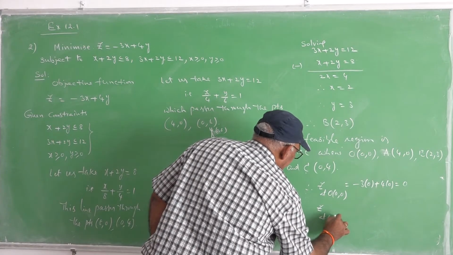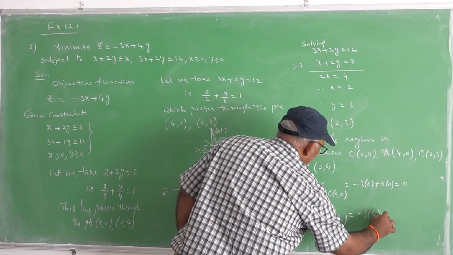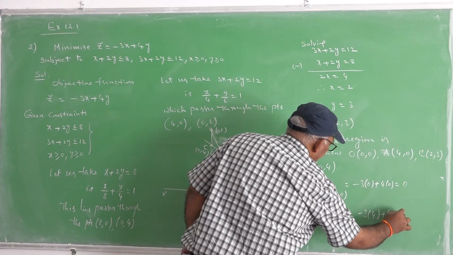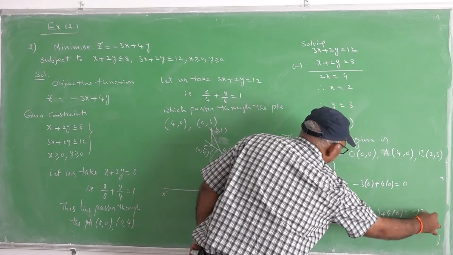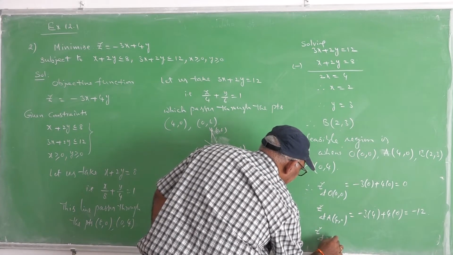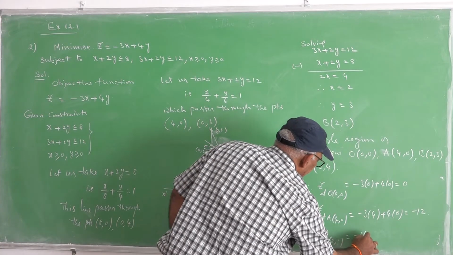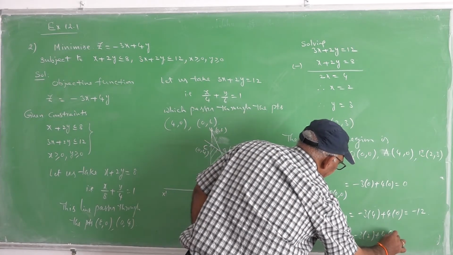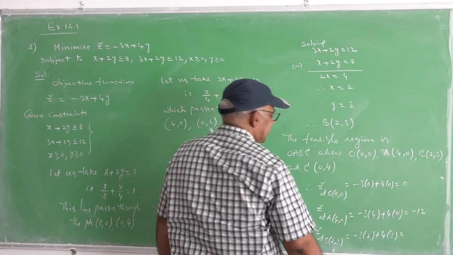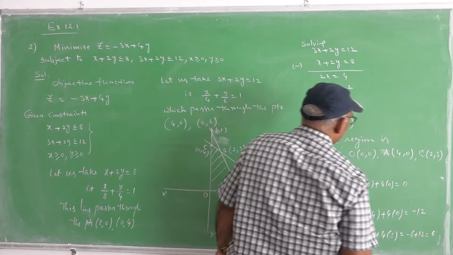Similarly, Z at the corner A, 4 comma 0, is minus 3 into 4, taking y value as 0, we get minus 12. Similarly, Z at B, 2 comma 3, that is minus 3 into 2 plus 4 into 3, minus 6 plus 12 gives us 6.